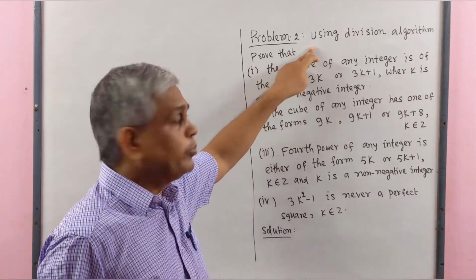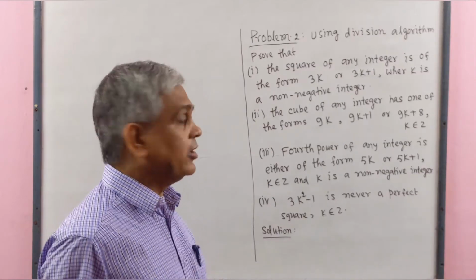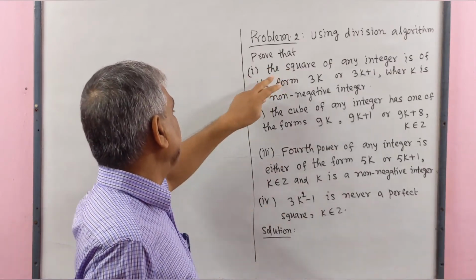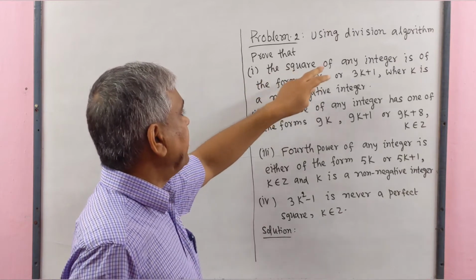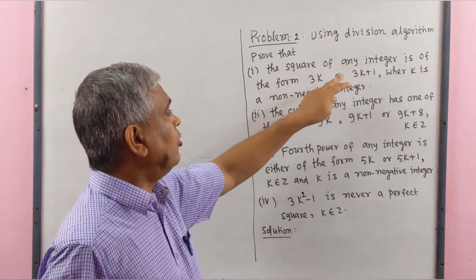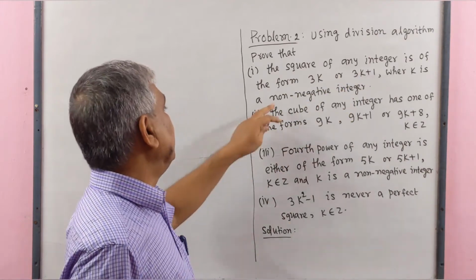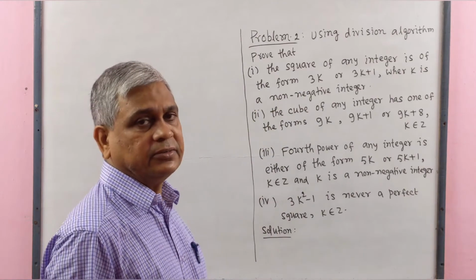Now we solve problem number 2. Using division algorithm, prove that number 1, the square of any integer is of the form 3k or 3k plus 1, where k is a non-negative integer.